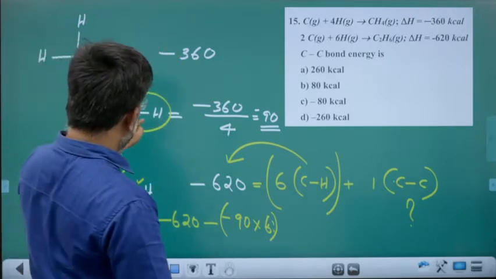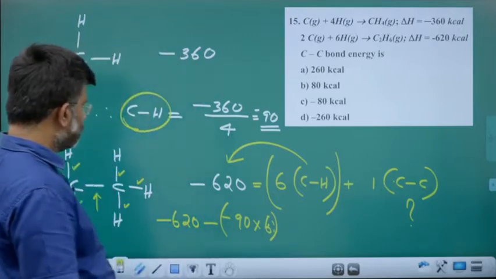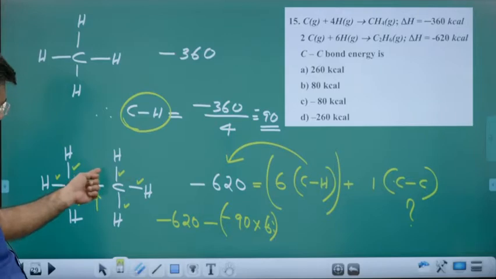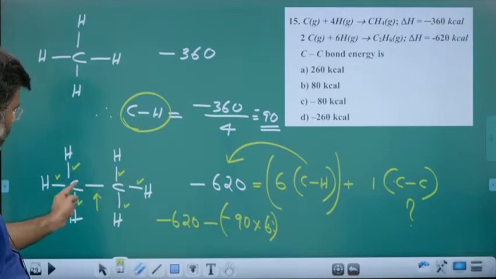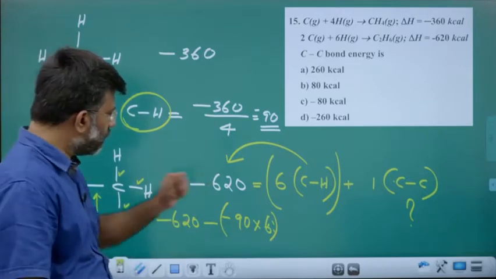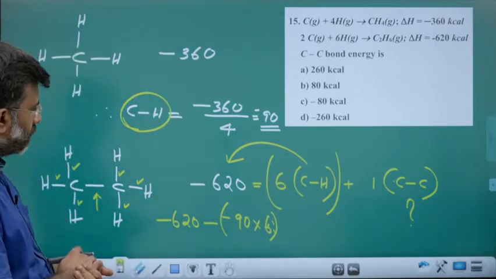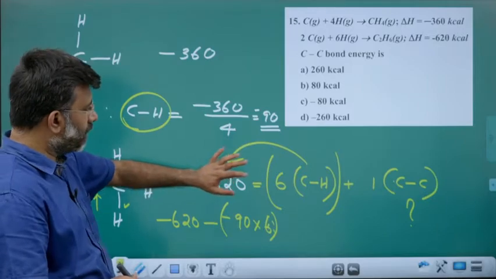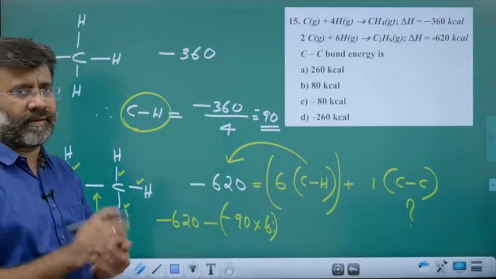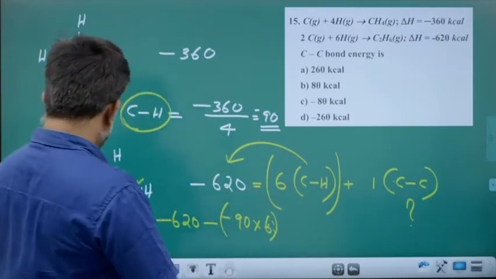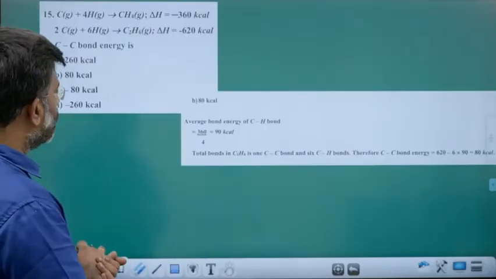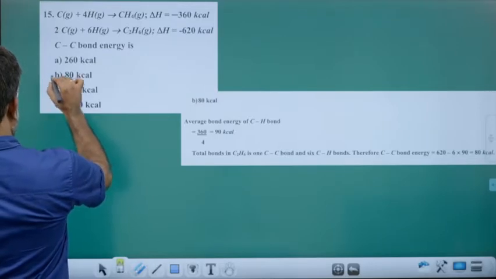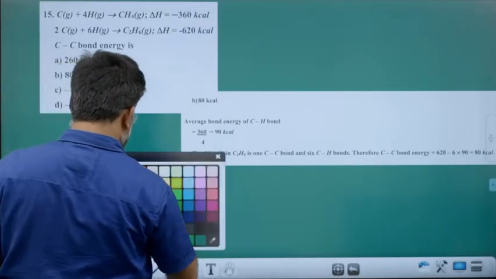Therefore, 1 carbon hydrogen bond, 90. Coming here, 6 carbon hydrogen bonds and 1 carbon carbon bond, it is minus 620. So what is 1 carbon carbon bond? It will be 620 minus 6 carbon hydrogen bonds. That data will give you the answer. You will get option B, 80.